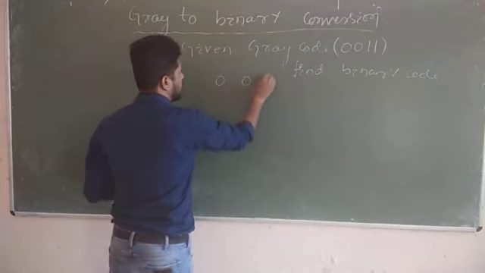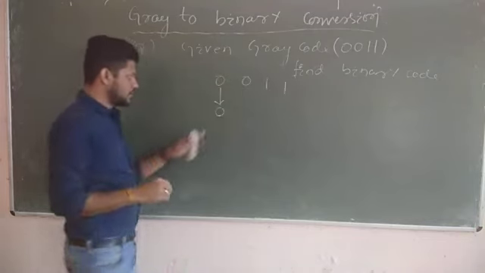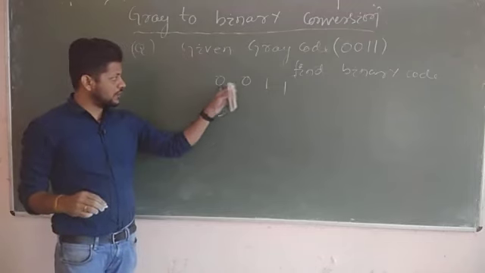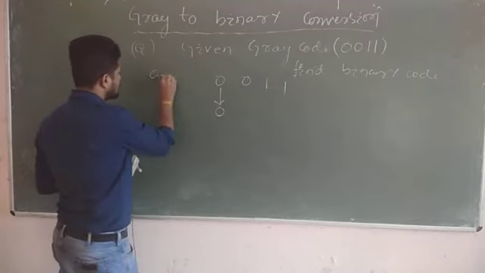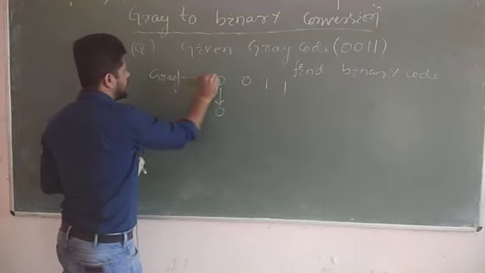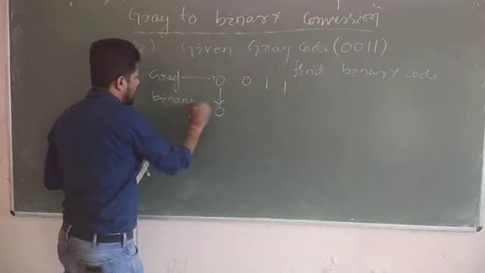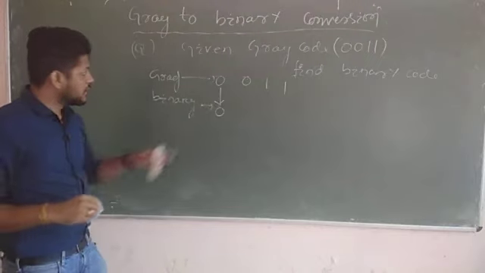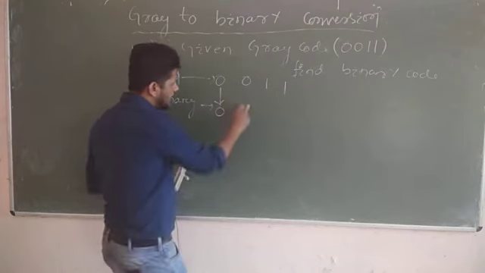So directly write 0 0 1 1. This is your gray code, and I am going to write the binary code below it. So 0 is directly written as 0. Then how to find the next bit?